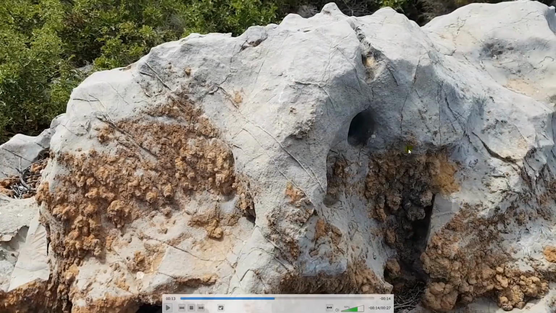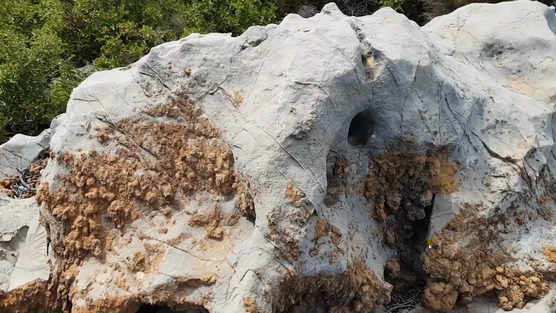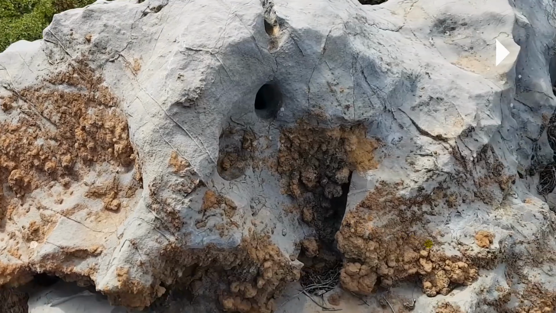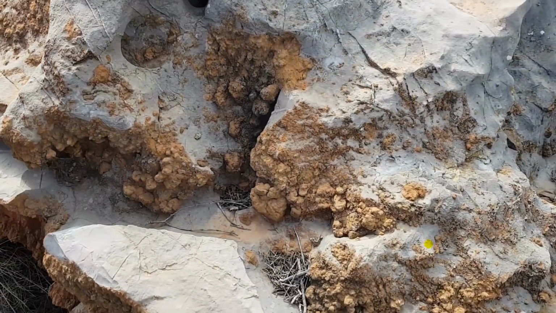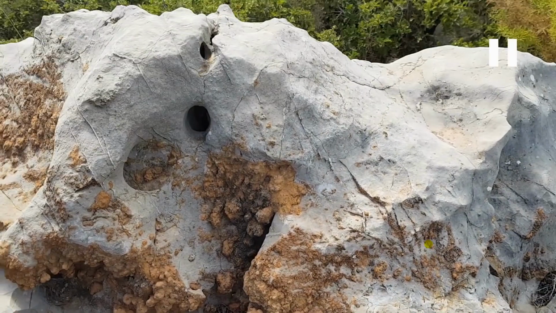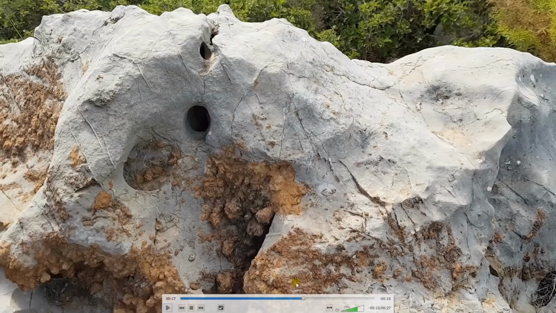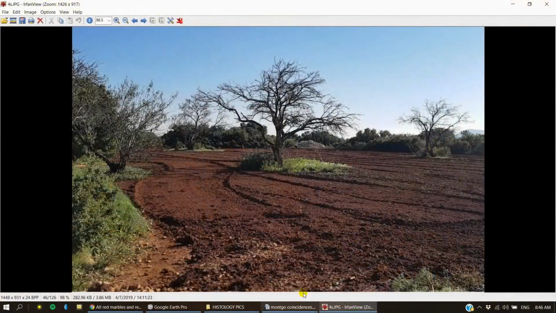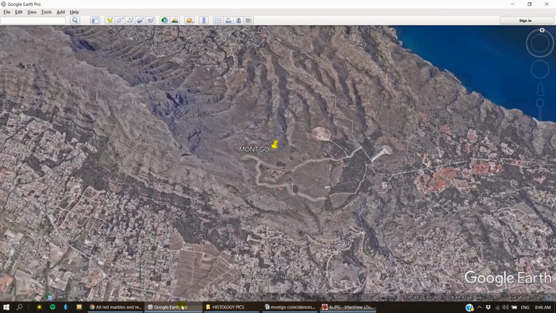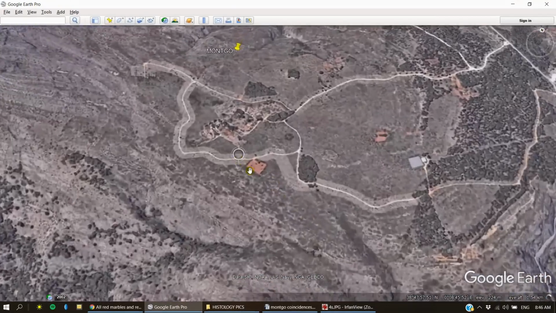Now again, ask yourself if these look like fissures that are formed from water going through cracks, or if this looks more biological in nature. This is one of the fields that I showed before from above, right here.